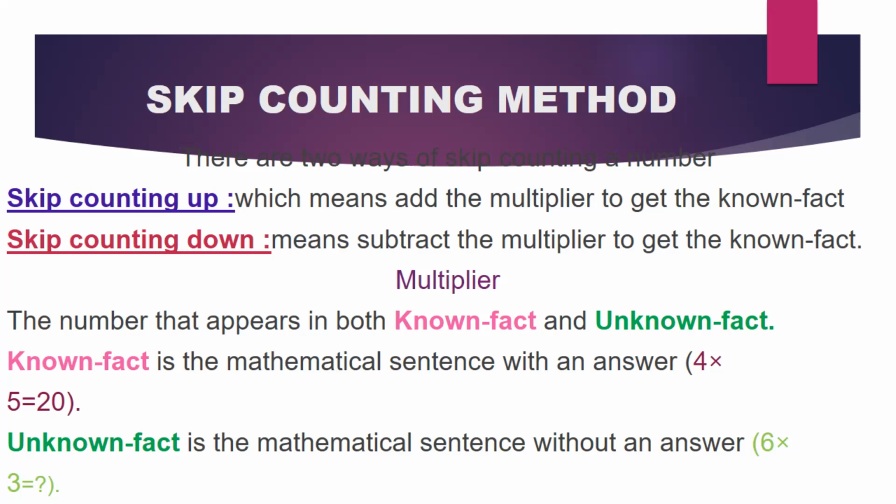When we have 6 times 3 here, you see there's a question mark, which means that the answer is not known to us. So that one, we call it an unknown fact. Good. So without wasting time, let's solve more examples under known facts and unknown facts by using escape counting up and escape counting down.